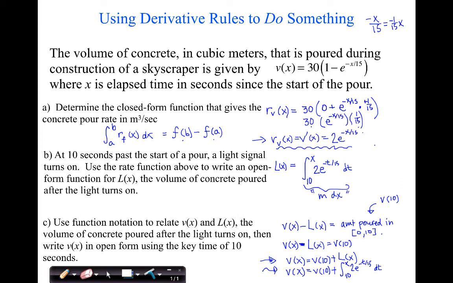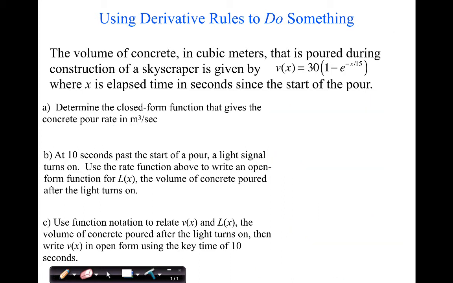This expression means to do this, regardless of the relative sizes of a and b. So even if I had in this expression down here 10 through 3, I'd do f of 3 minus f of 10, and that would give me some sort of negative result, which would then subtract off from V of 10 what happened between time 3 and 10 to get me back the result that I wanted, V of 3, as an example.